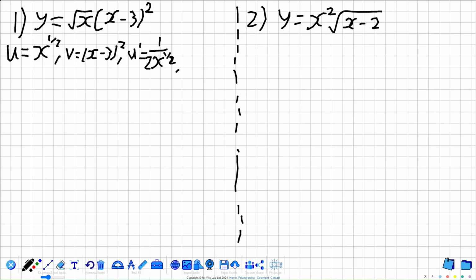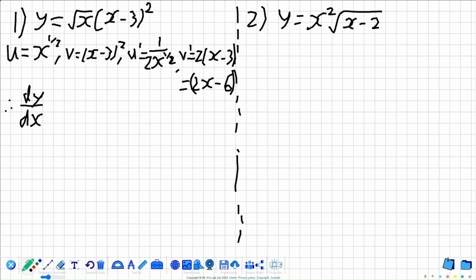And then we've got v dash, which simply equals, and actually we're going to need a 2 out the front, 2 times x minus 3, and it's to the power of 1, so we can just leave it at that. And actually, I may as well evaluate this to just 2x minus 6, and we'll put that in a little bracket like that. So then let's have a look at the derivative of this equation using the product rule. So therefore, we can find the derivative, so dy over dx.